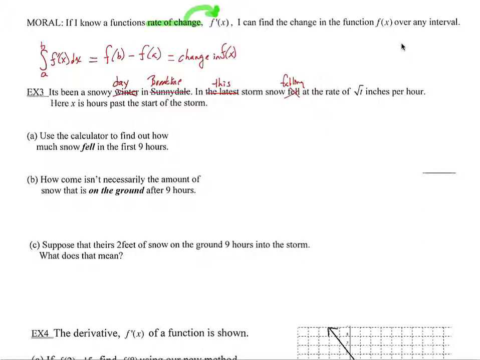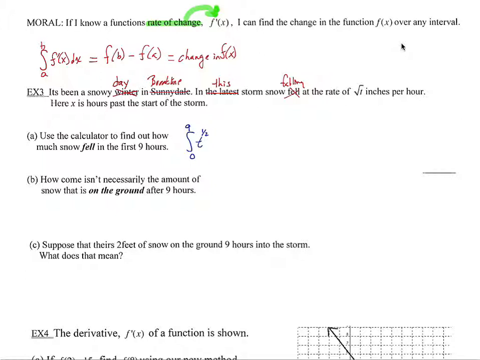So question A, we're going to figure out how much snow fell in the first 9 hours of the storm, which I want you to use your calculator to do. The integral then we're looking at is from the start of the storm, 0, to 9 hours later. And I'm going to write the function using exponent notation.